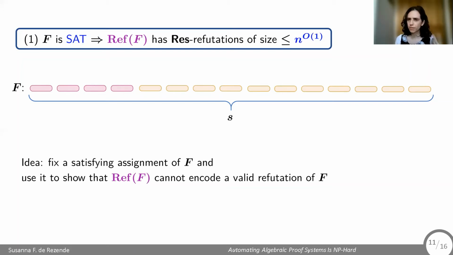So just to give an intuition, let me explain how I would prove to you that this cannot be a valid resolution refutation, and this argument that I'm going to explain is formalizable in resolution. So if you told me that you actually have a resolution refutation of size S for a satisfiable formula, and that you could actually write it down here on these S clauses, I would start by asking you, okay, do you actually derive a contradiction?